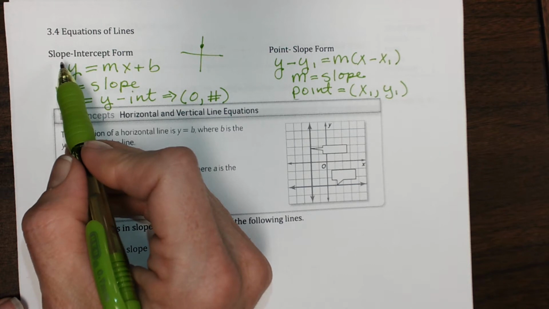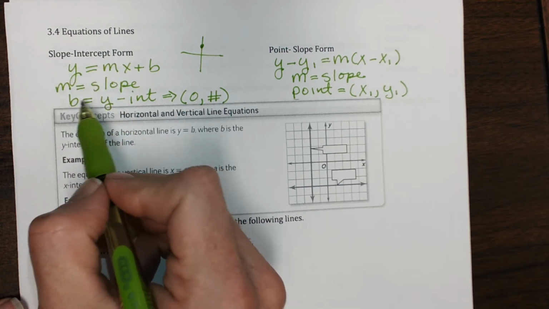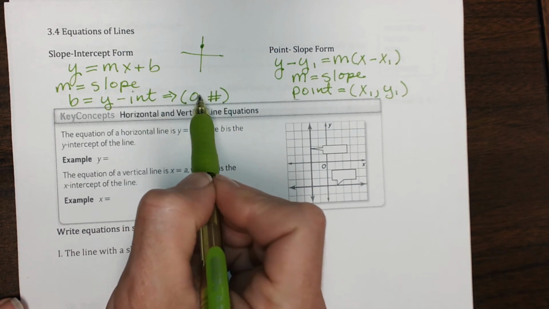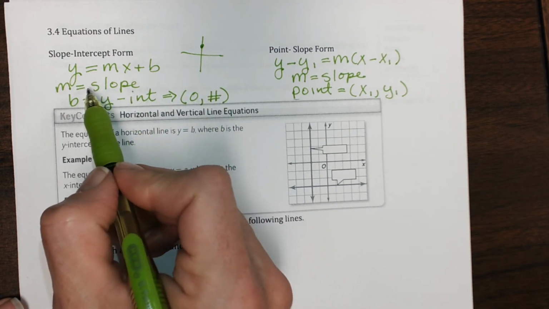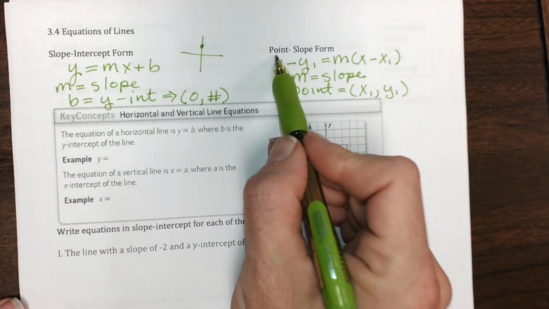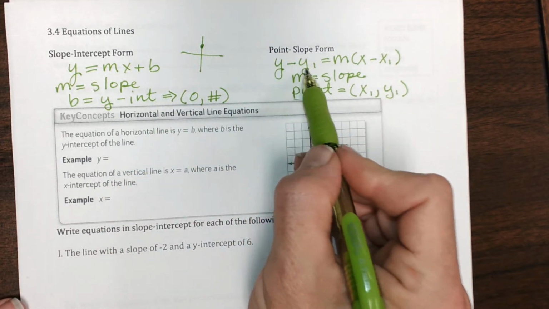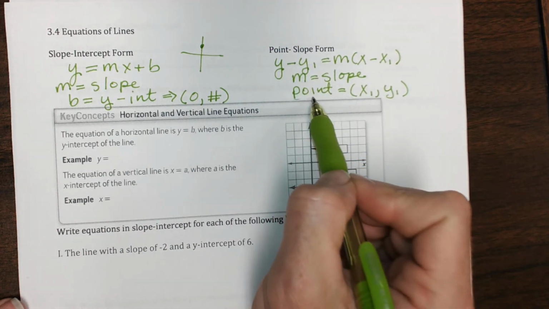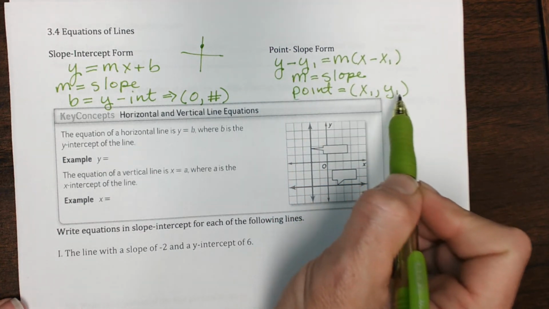If I have the slope and I have the intercept, either I've been told it's some number or I've been given it in point form, then I can plug directly into slope intercept. If I am given a point and a slope, then that's when I use this form. So I have my m as my slope and my point is here, the (x1, y1).